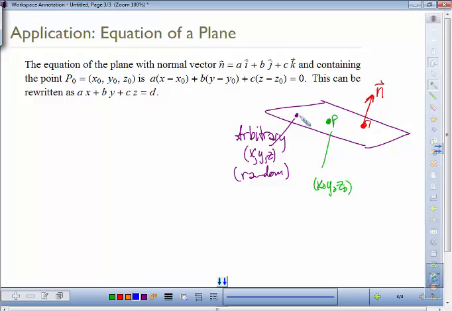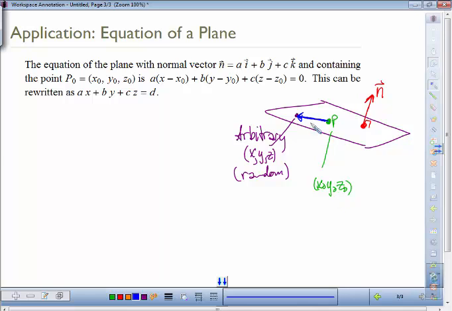What if we do what Cameron said and create this vector from the arbitrary point to the fixed point? Right? So let's do that.